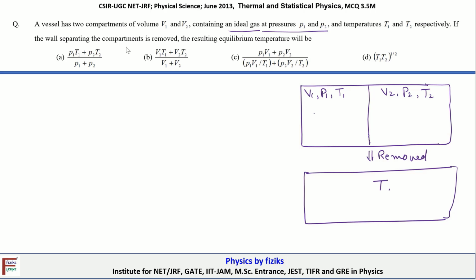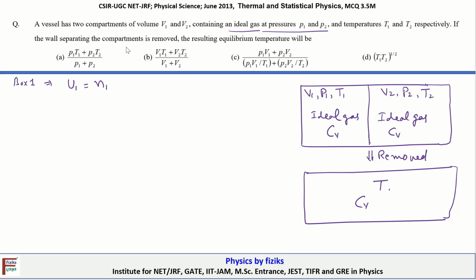Because here we have the same ideal gas in both compartments, we can assume that the heat capacity is the same for the gas molecules in both, so it's going to be common here. Now in compartment 1, box 1, the total energy content associated with the gas molecules, let's call that U1, is equal to the number of moles.